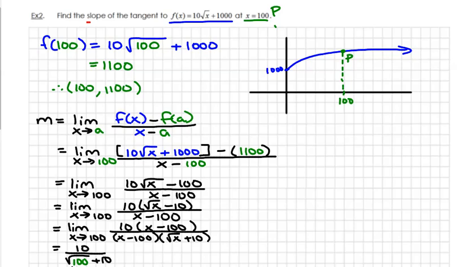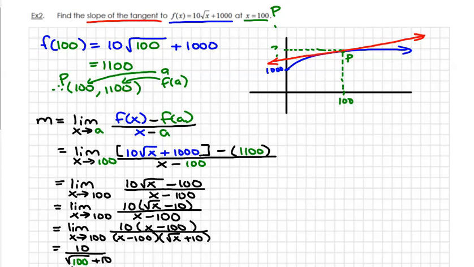I want to find the slope of the tangent that just skims p. So what is this slope? What is the slope of the red line? We had just gone over finding out what the y value is first, because we want to know what p is. I took 100 and put it into the blue function, and so I get my a value and my f at a for my p coordinate.